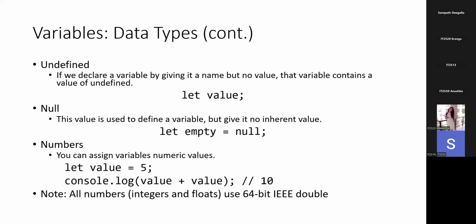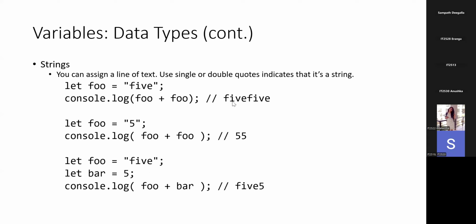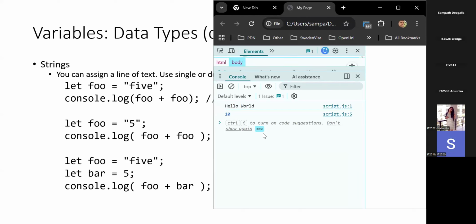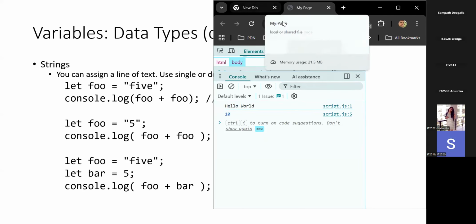So that's what it means here. Okay, moving on to the next one. A few cases to remember: we are defining different types of data, and you should understand that JavaScript handles them differently depending on how we represent them.